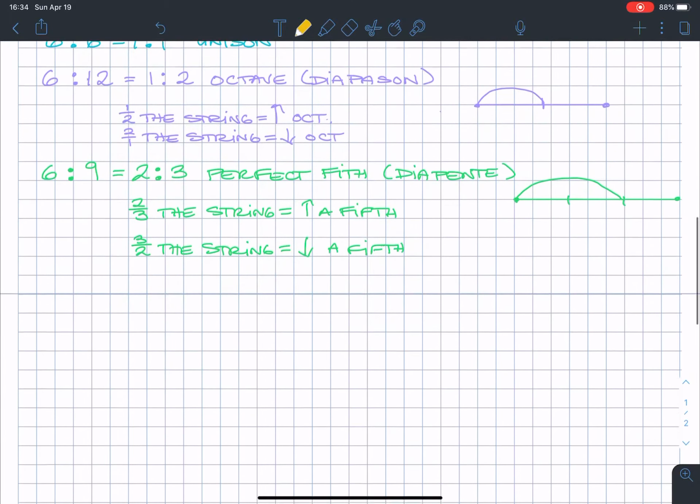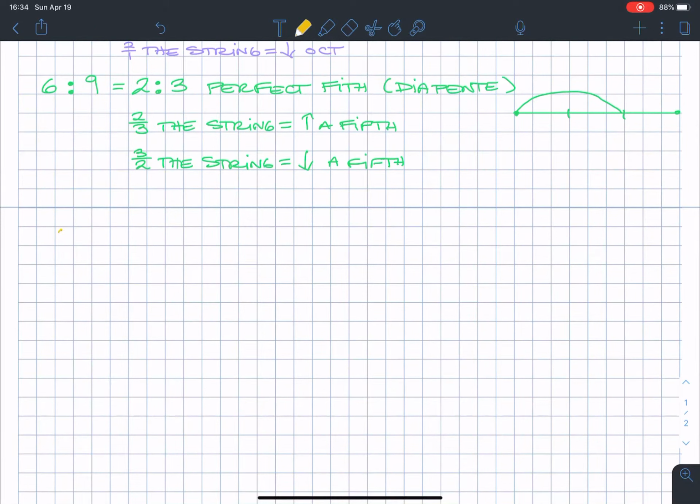So we have a ratio of 6 to 8 now. But of course 6 and 8 are both divisible by 2. So that's 3 to 4. And this is a perfect fourth. And in Greek that's a diatessaron.